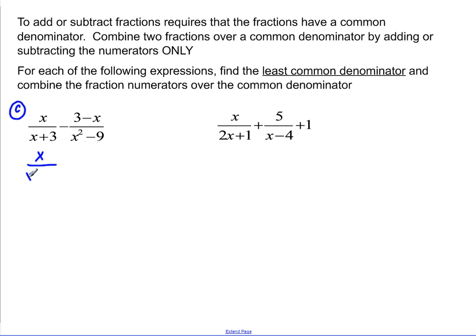I'll note that in my second fraction, I have x squared minus 9, which I know factors as x minus 3 times x plus 3. And I've got 3 minus x in my second fraction's numerator. Notice anything?